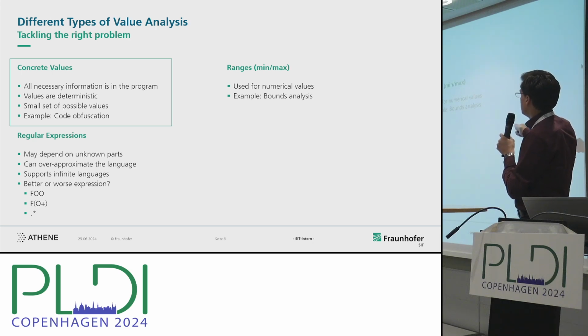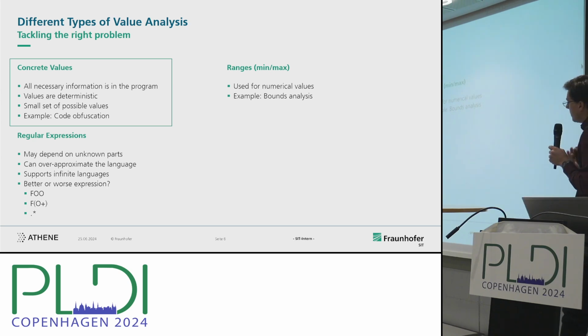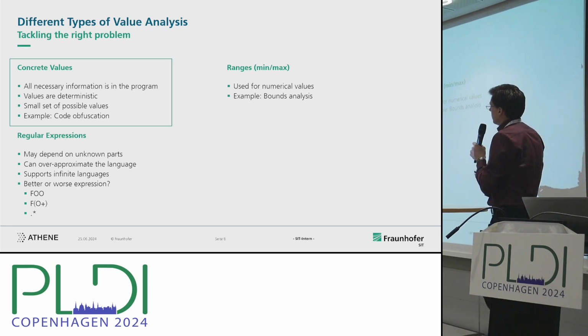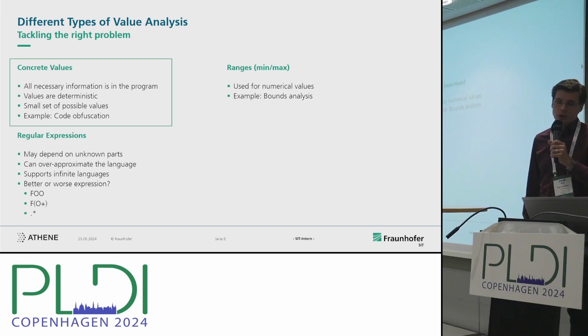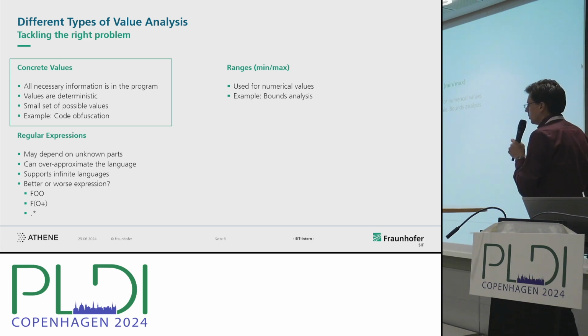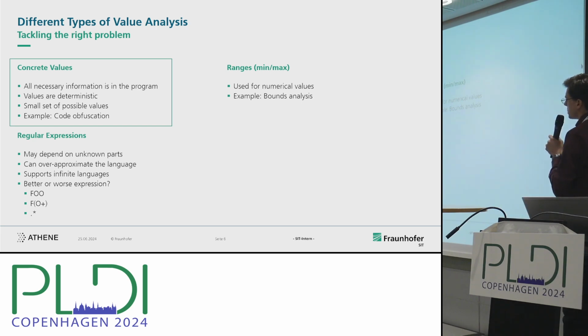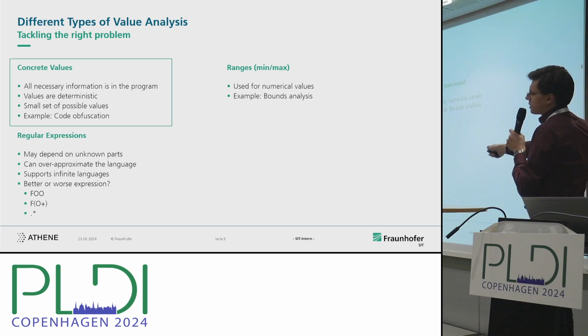We know that there are use cases for the other ones, and there are cases where the other ones are actually better. But mostly for security properties, you're talking about, in Android apps for example, which URL are we connecting to? Do we have a hard-coded key? Do we have hard-coded credentials? What is the block cipher mode that is being used here? And all of that is concrete values.